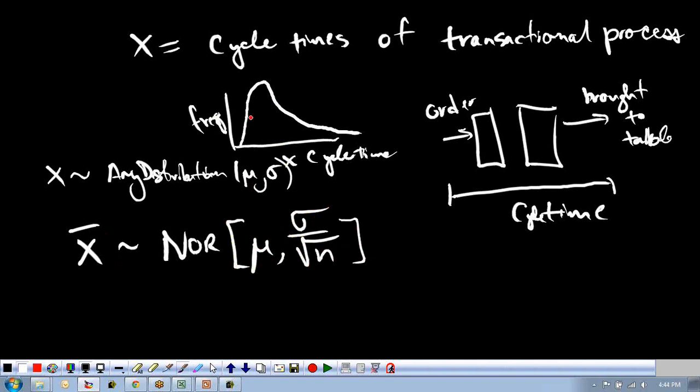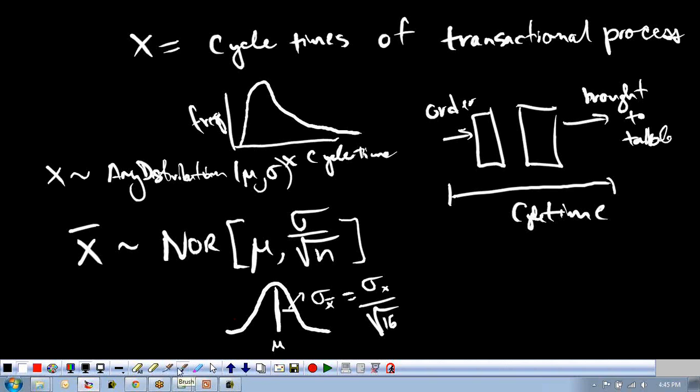If I take, let's say, 16 measurements every hour, and I average those, and I look at the distribution of those averages, that distribution will look like this, with the same mean, and the standard deviation of X bar will be equal to the standard deviation of X divided by the square root of 16, which in this case would be 4. So let's go through an example and see how that works.